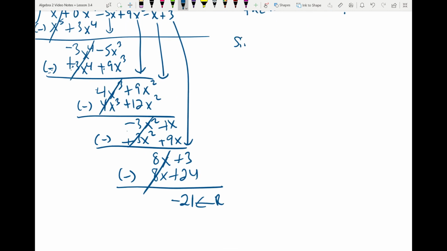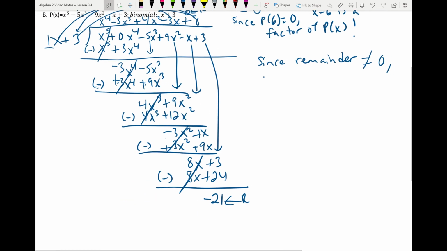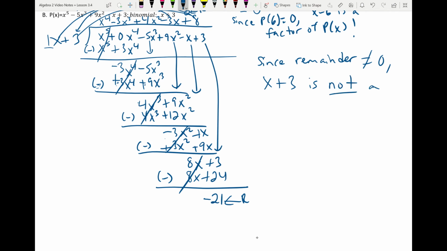Since our remainder is not equal to 0, this means that x plus 3 is not a factor of p of x. So that's by the remainder theorem.